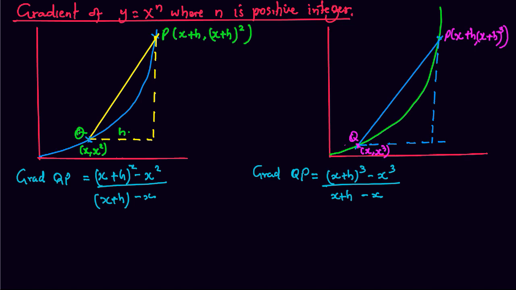Consider points Q and P on the curve y is equal to x squared. So this is the curve y is equal to x squared. h represents a small change, a very small change.